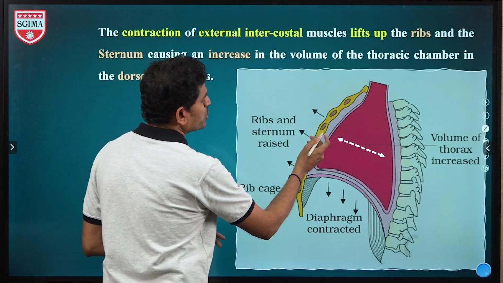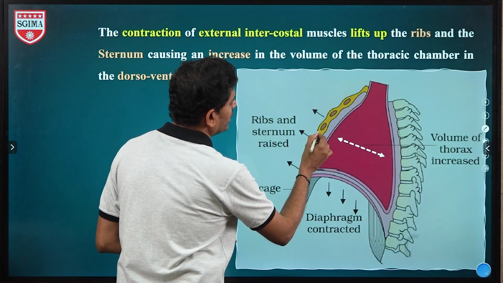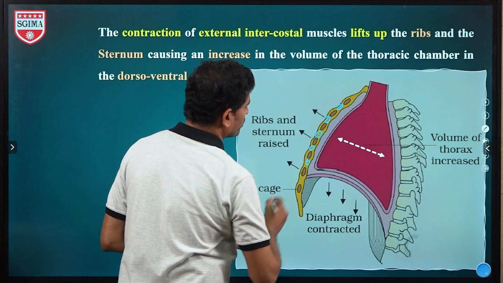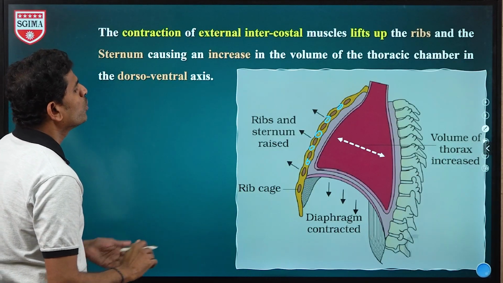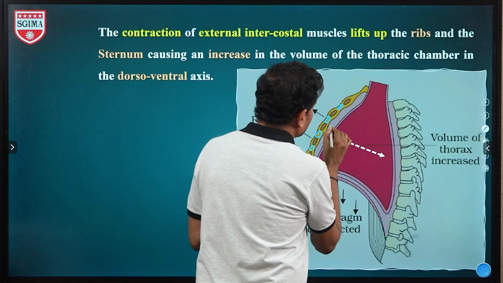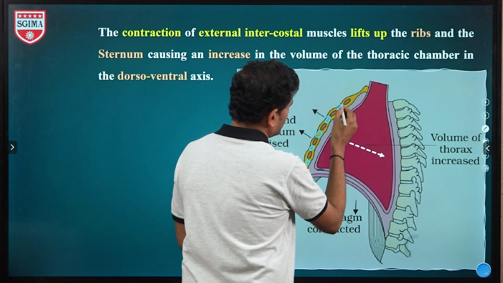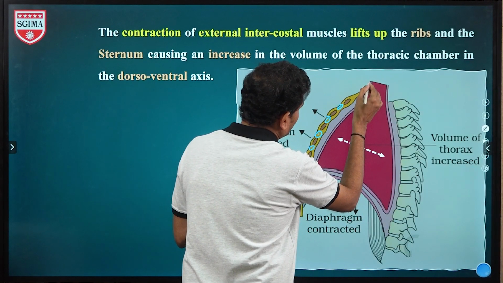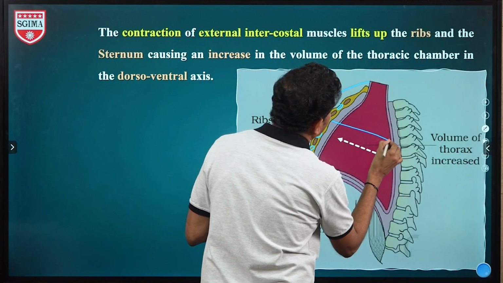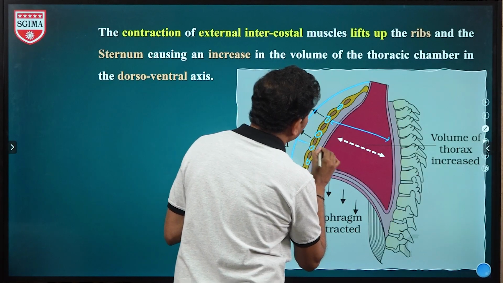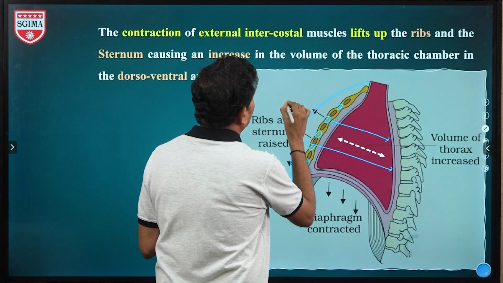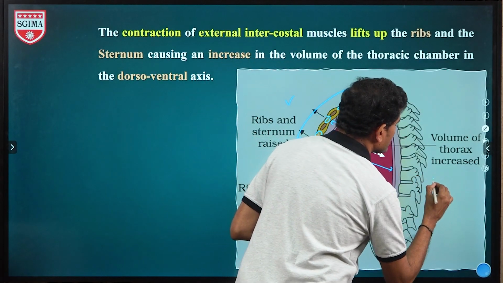So the internal intercostal muscles present here, in between the ribs, are going to contract. Because of that contraction, the length will increase. This is the expanded stage. Taking the earlier cavity as this much, the new cavity has increased this much, see. This is the ventral side, the sternum. Next, this is the dorsal side.